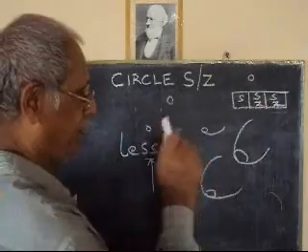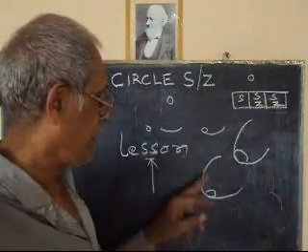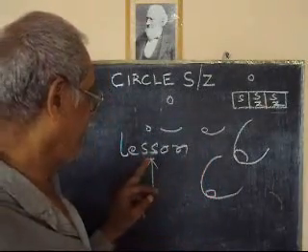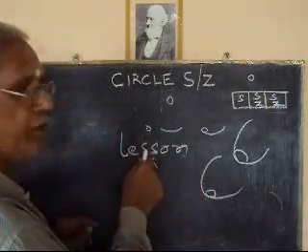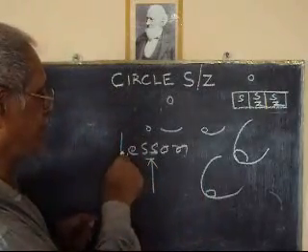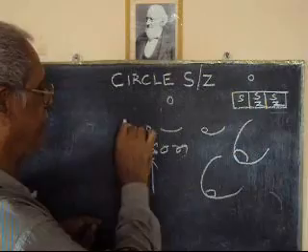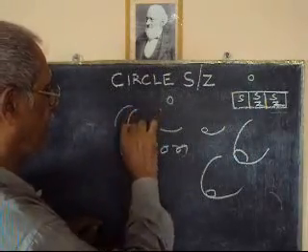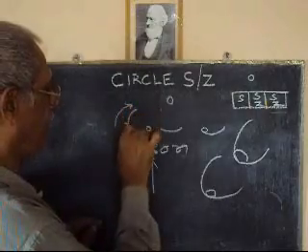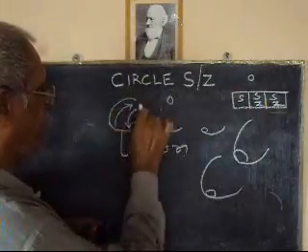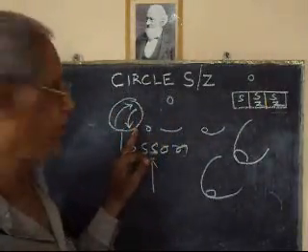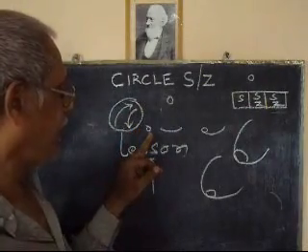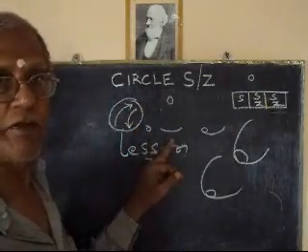So with regard to L, L when preceded or followed. Here, followed, L is there. Now the question is whether it is upward L or downward L. This will be decided by the circle attached to the curve.